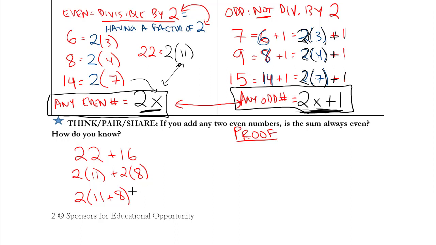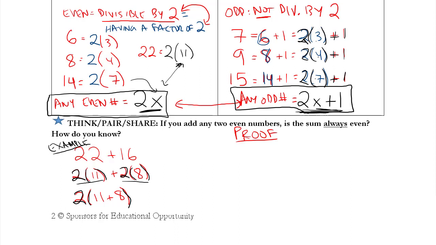So I want to call your attention to the fact that this right here is an even number because it's 2 times something, right? That's what we said an even number was. So is this one. It's 2 times something. And what I ended up with is 2 times something, okay? So this right here is a nice example that we're going to be able to use as we construct our proof, right?